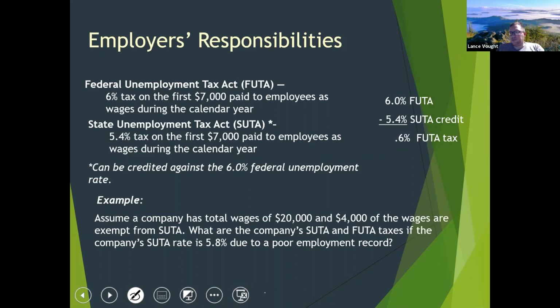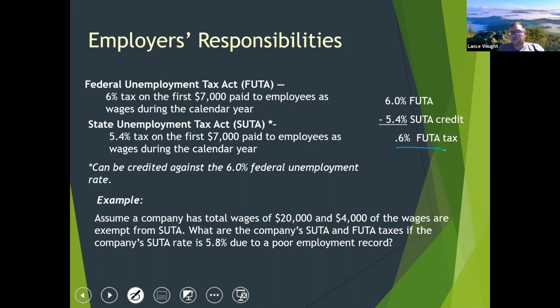So that means that the actual amount of tax that they have to pay to the federal government is 0.6%, not 6%, because they're credited that 5.4% that they're already paying to their state unemployment. So let's say a company has $20,000 worth of wages and 4,000 of them are exempt for whatever reason.